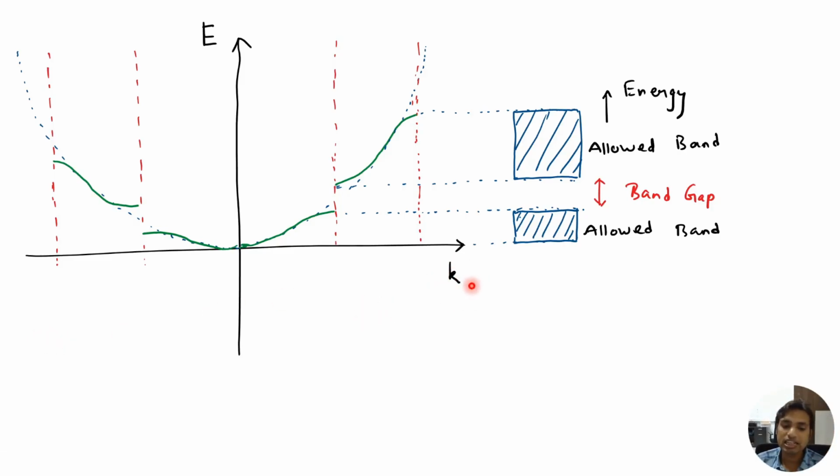In the previous plot these were drawn vertically, the energy axis was on the x axis, so this is another representation of the same thing in k space. Here we are plotting energy on the y axis, and this is your allowed band, and these are your forbidden energy. The gap between them is called a band gap. We'll come to that in a while.